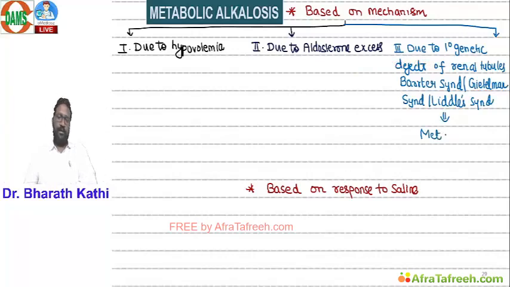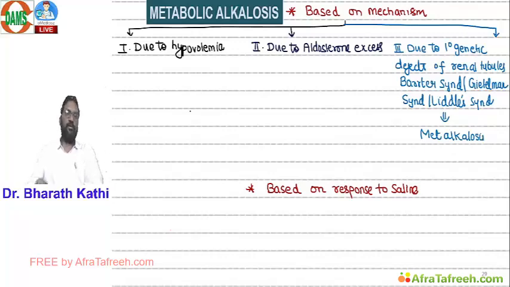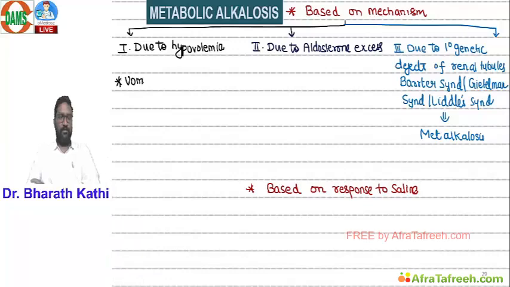All this ultimately will result in metabolic alkalosis. Let us see what happens in category 1 and category 2. Those resulting in significant acid and volume loss: vomiting, upper GI secretions, Ryle's tube aspiration. Here also you put the tube in the stomach and bring out upper GI secretions.